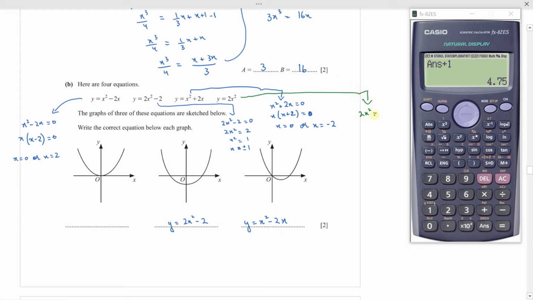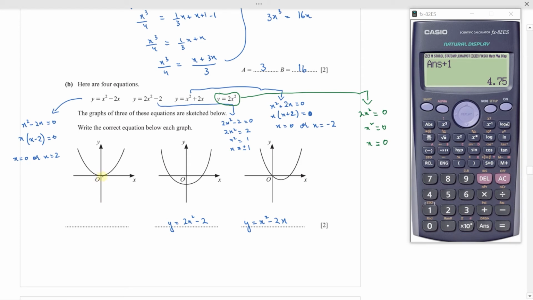So 2x squared equals to 0. X squared will be equal to 0 and x will be under root 0, which is 0. So that means for this equation, the curve intersects the x-axis at only one place, which is x equals to 0. And when x equals to 0, if I substitute x equals to 0, my y value is 0 as well. So that means the only place where the curve for this equation intersects the x-axis is at the origin.